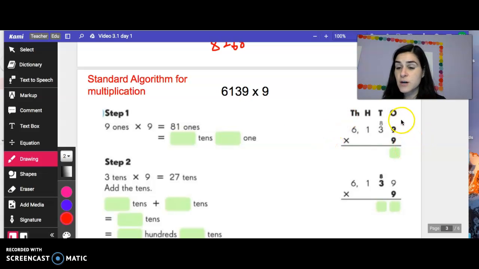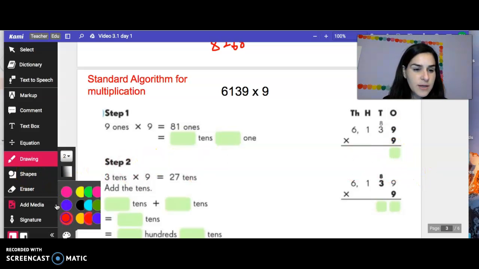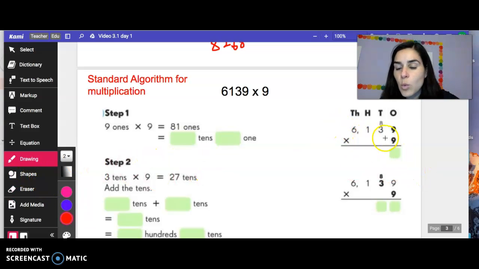So you always start with the ones. You do 9 ones times 9, and you get 81 ones. But you can't put 81 here, and so you have to regroup. 81 ones is the same as 8 tens and 1 one. And so we put the 1 one here, and then we regroup the tens to go into the tens place.